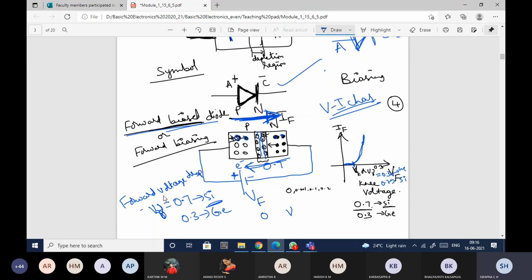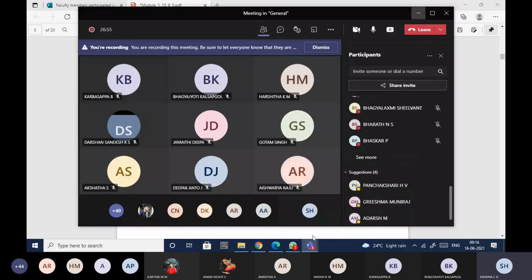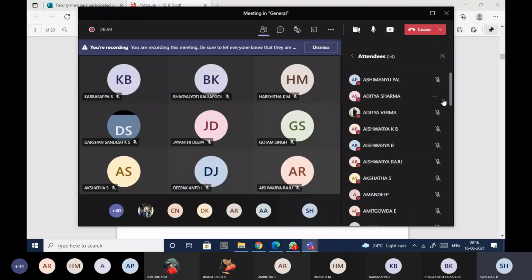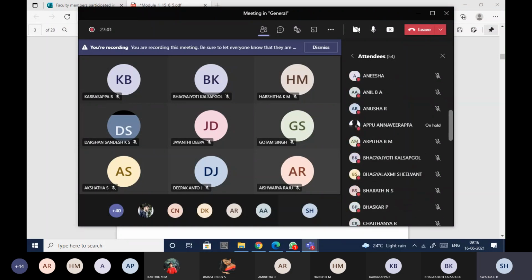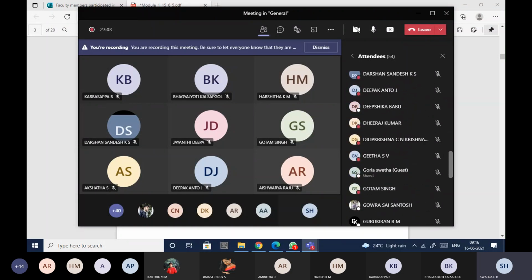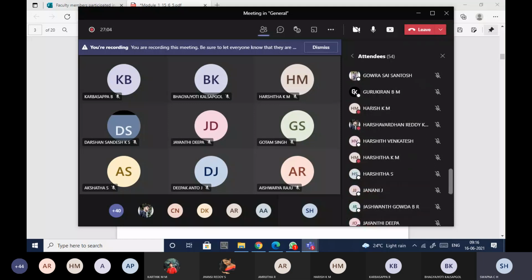Hope you are following. Any doubts so far? Understand the basic principles properly, because based on this electron movement we will be analyzing everything else. Hope you all are understanding properly.